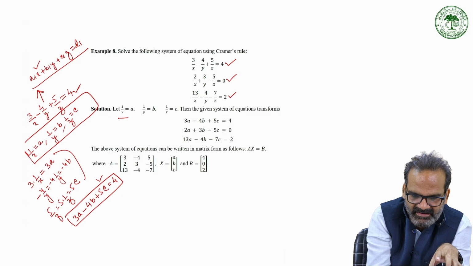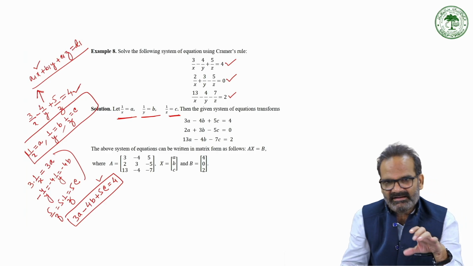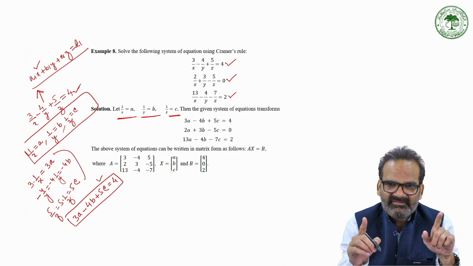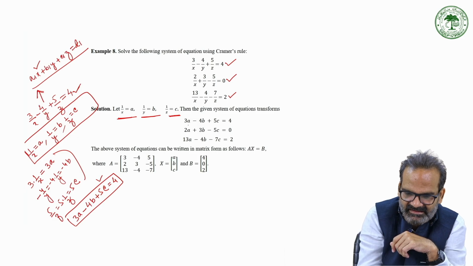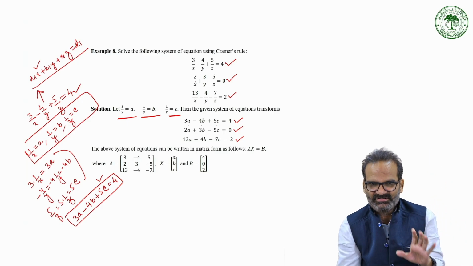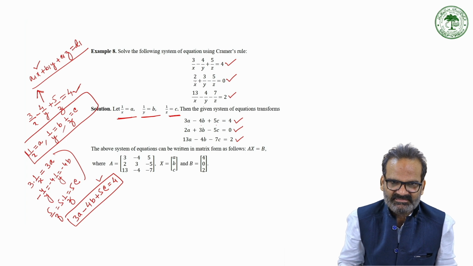Let 1 upon x is equal to a, 1 upon y is equal to b and 1 upon z is equal to c. Then the given system of equations transforms to 3a minus 4b plus 5c, and the second will be 2a plus 3b minus 5c. This is equation 1, this is equation 2, and the third is 13a minus 4b minus 7c is equal to 0. Are you getting this substitution?